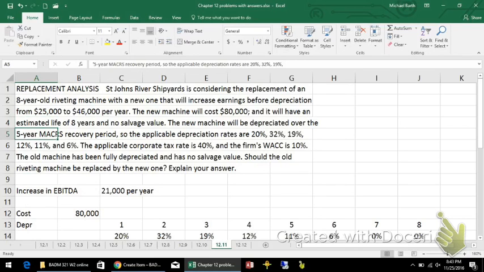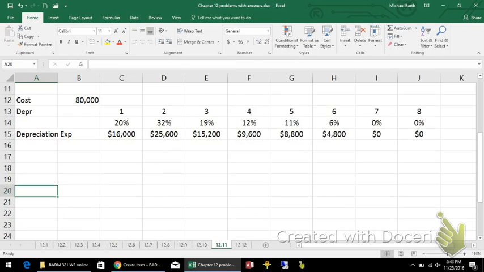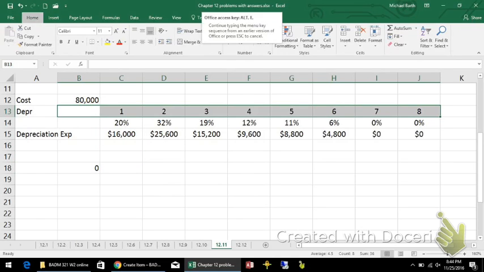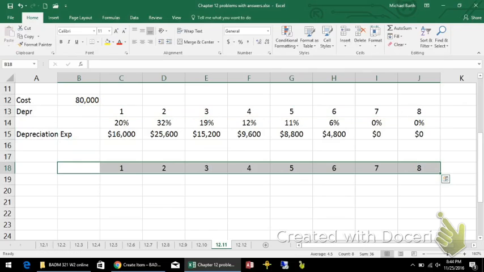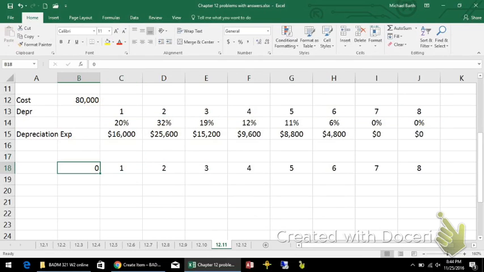So essentially, our initial outlay will be negative $80,000.